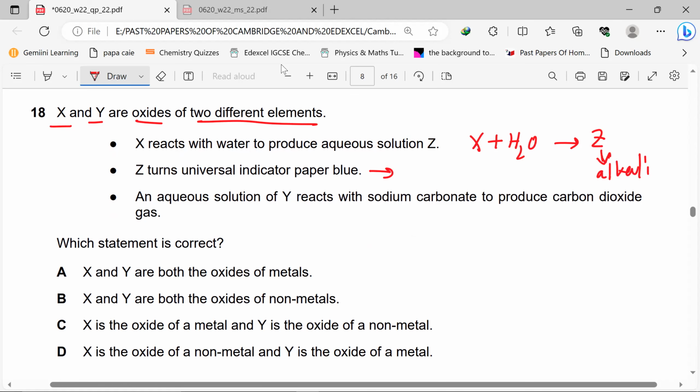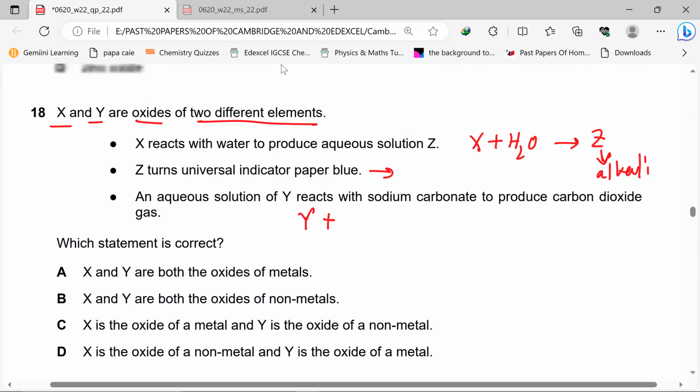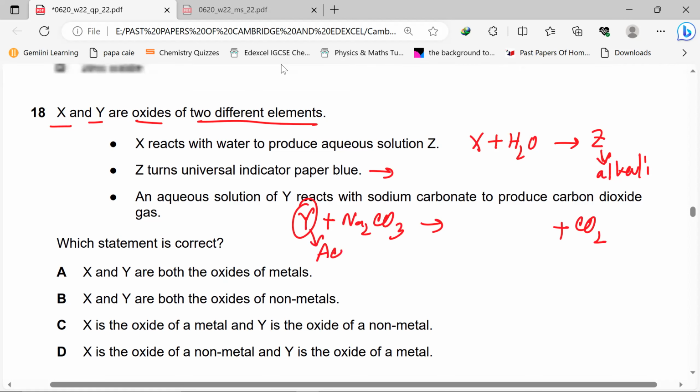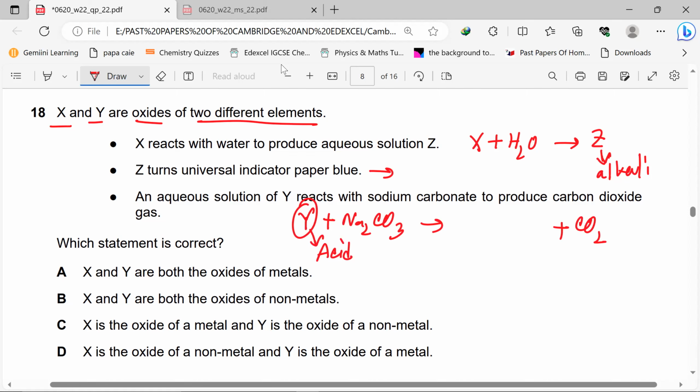An aqueous solution of Y reacts with sodium carbonate to produce carbon dioxide. Thereby Y must be an acid, because acid reacts with metal carbonate to give you carbon dioxide, salt, and water.